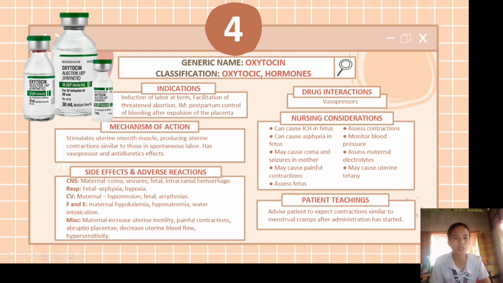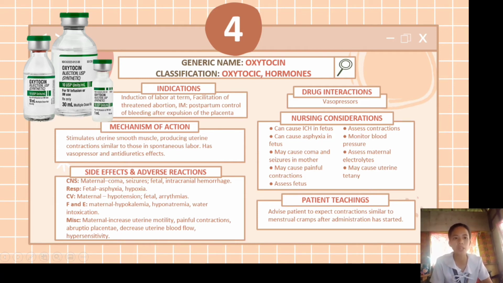The drug interaction is with vasopressors. Again, vasopressors increase blood pressure in patients. So nursing considerations of oxytocin: it can cause ICH or intracerebral hemorrhage and asphyxia in the fetus.